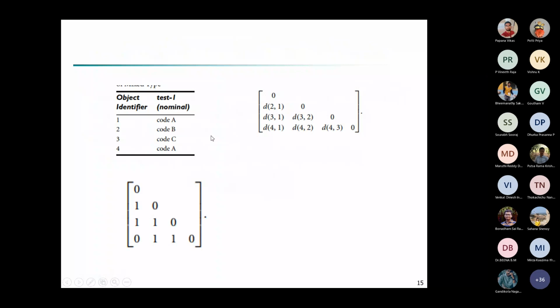Now for example, assuming I have only one attribute, and these are the three different values it takes. So these are four instances, and I have the value for test one as code A, code B, code C, code A. Now I have to find the distance matrix. So how do we find it? We know that it is (p minus m) by p. What is p here? P is 1, isn't it? And what is m?